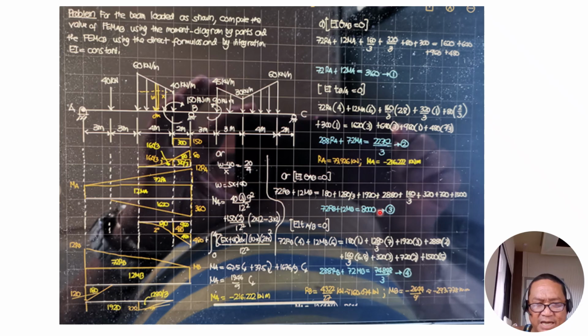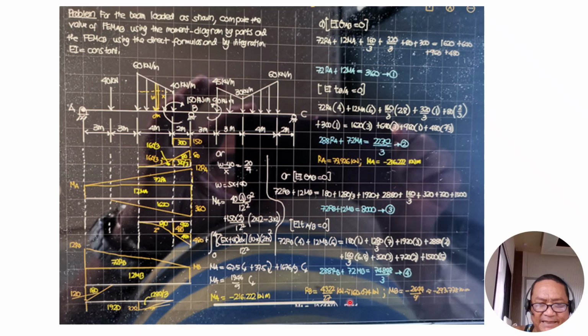Solving equations 3 and 4 simultaneously, we get RB, which is equal to 4,322 over 27, and that is 160.074 kilonewtons, while the moment at B, or fixed moment BA, is negative 2644 over 9, or that's negative 293.778 kilonewton meter.